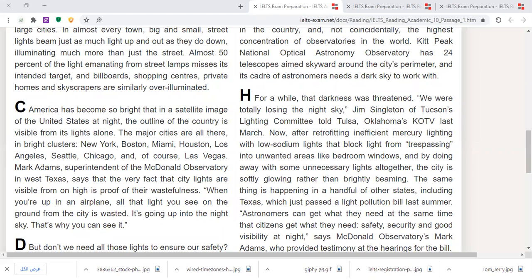Have you finished? Raise your hand again, as we did, if you think you understand what this paragraph is about. Paragraph C. Nice, mashallah. Very good.